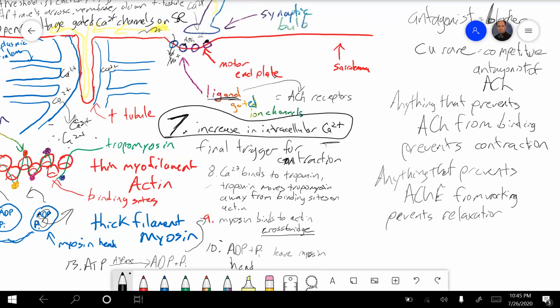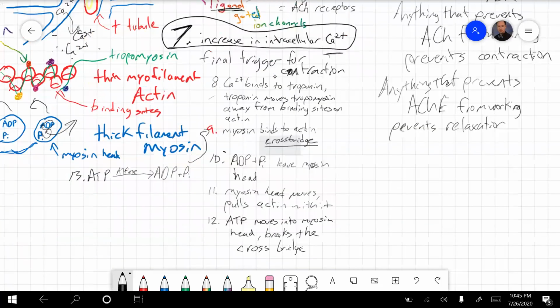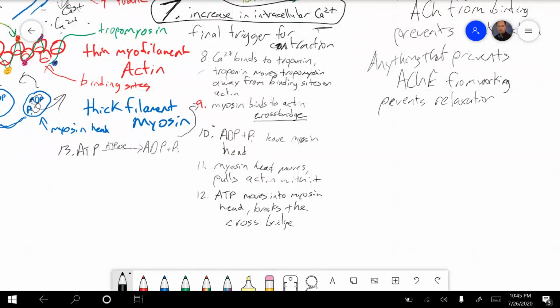How important is that? That is so ridiculously important. Because if you stop acetylcholinesterase, it's not that you just prevent the muscle from relaxing, you make all the muscles contract.